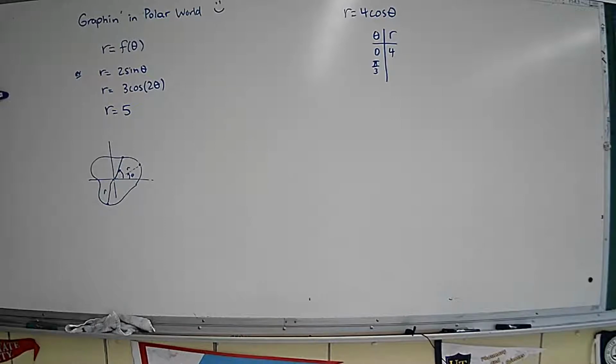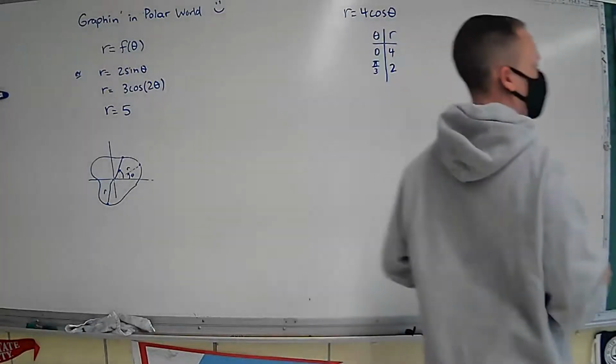Does that not work? Oh, well, we'll have to do it old school. 4 cosine of pi over 3. We also could just do this by using special angles. So it's 2. When theta equals pi over 3, what's r? It's 2.